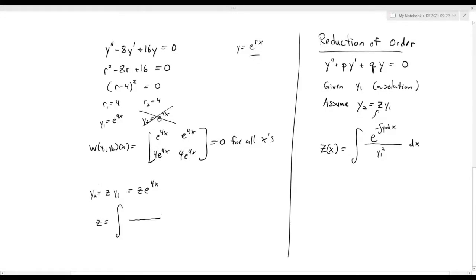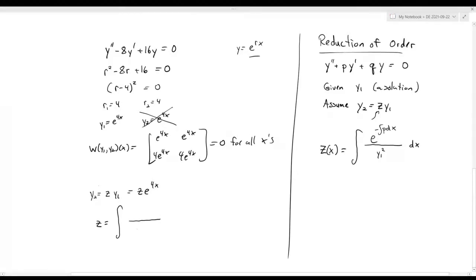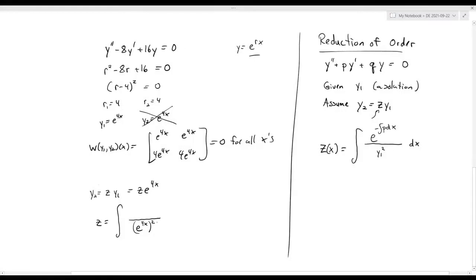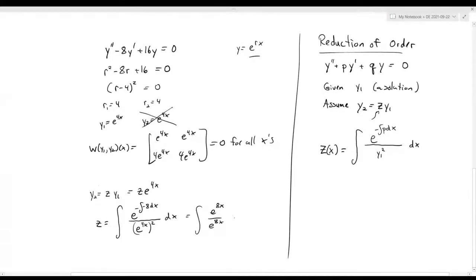So you get y1 squared, and then we have e to the negative, and what's p? It's -8. So, unsurprisingly, we get e to the 8x on top, and on the bottom as well.